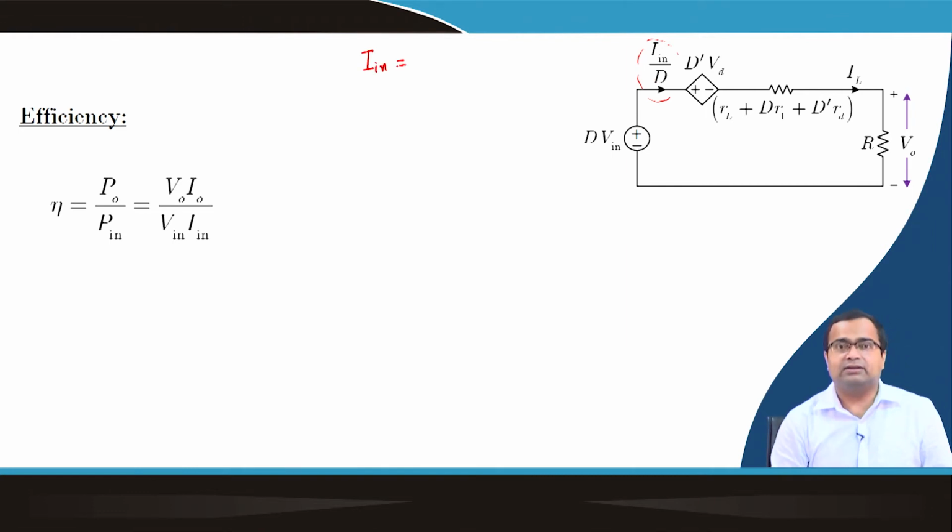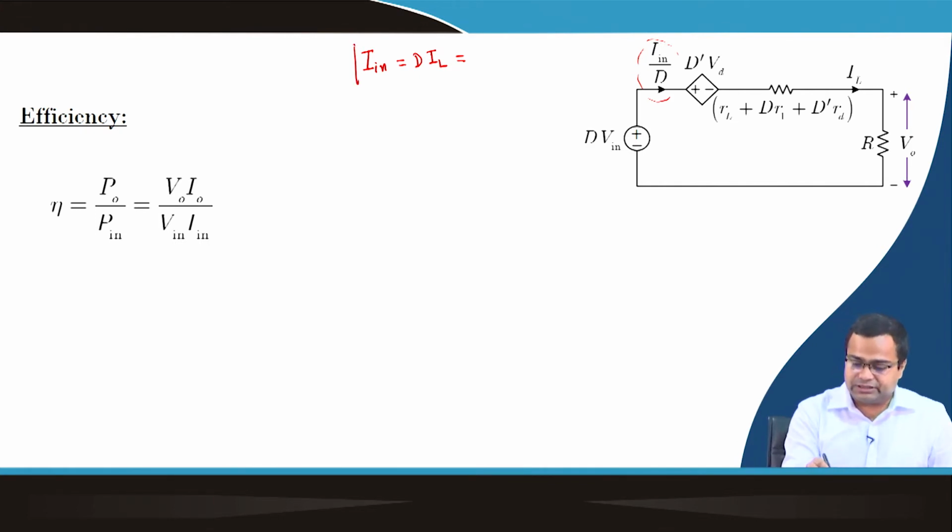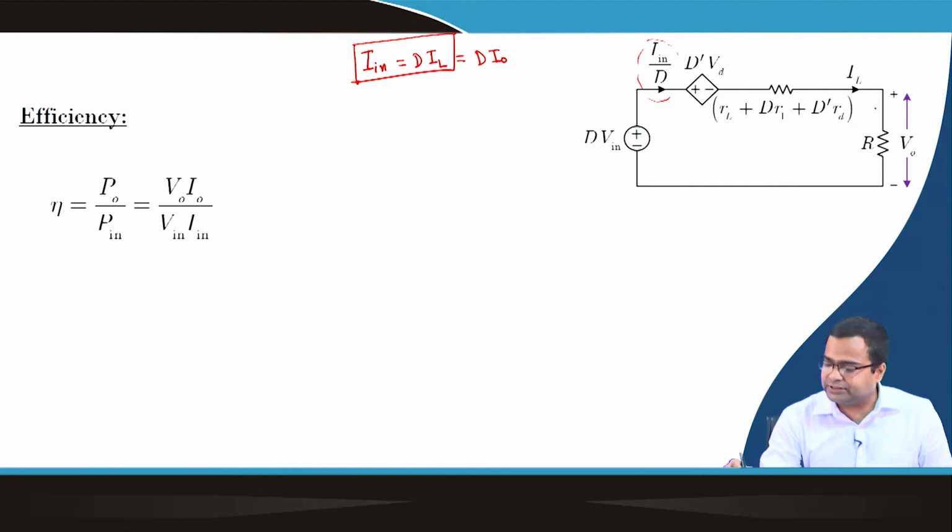For a buck converter, I_N is D times IL average, which is nothing but the load current, right. It is D times load current, because it is going to the load. For a continuous conduction mode buck converter, the average inductor current is the same as the average load current, because the capacitor average current is 0.